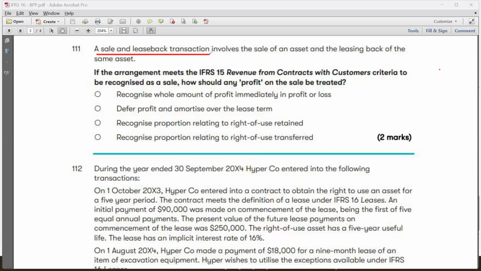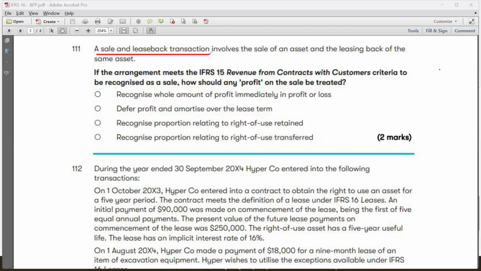So this needs to be understood. Whenever we are dealing with sale and leaseback, we had an asset maybe for a useful life of 10 years, and we have leased it back for 4 years. I'm just giving you an example. So the portion that relates to sold is the 6 years, and the portion that is retained is 4 years. The total life of the asset was 10 years, we leased it back for 4 years, and that is going to be considered as retained.